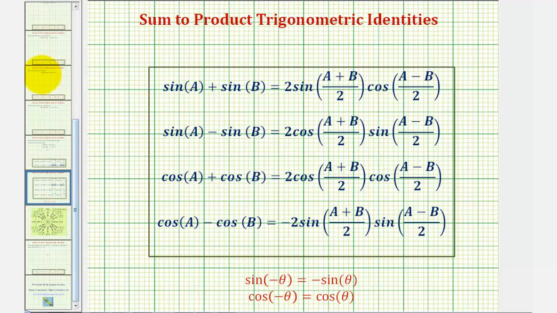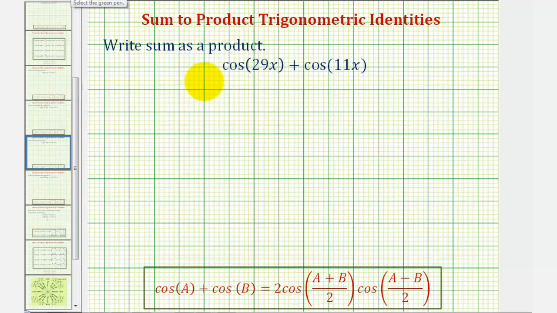So going back to our first example, notice how in the order of this sum, A would be 29x and B would be 11x. Notice in this form, A minus B would be positive, so this would be the preferred form of the sum.